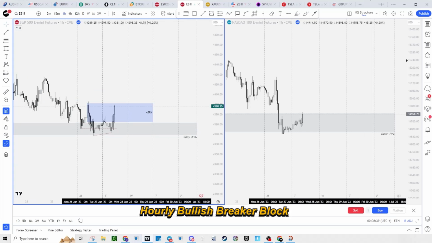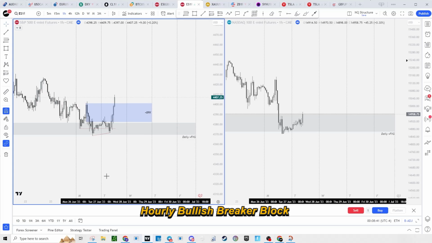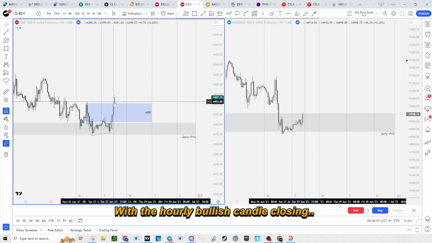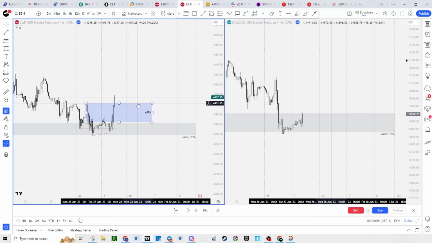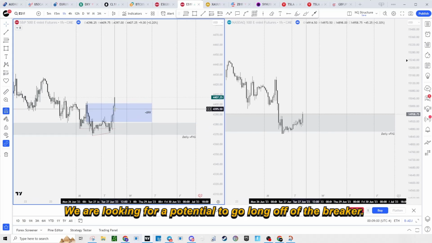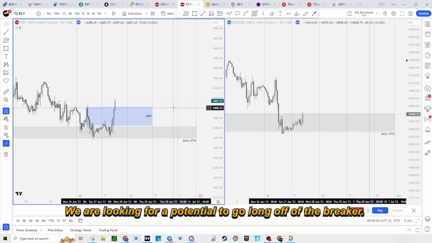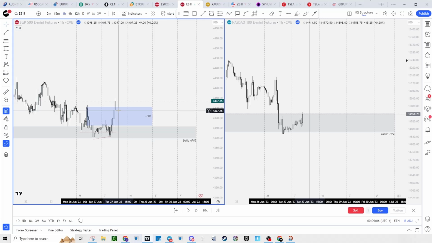So I'm going to play price out, and as you can see, our hourly bullish breaker block was confirmed with the hourly bullish candle closing above this swing high. So our bullish breaker is now confirmed, and now what I'll be looking for is a potential entry to go long off of this breaker block, either today or further in the week.